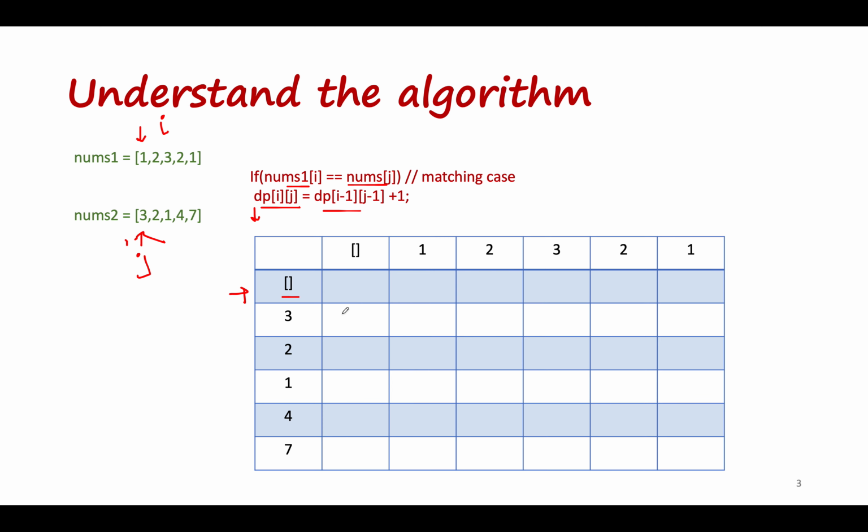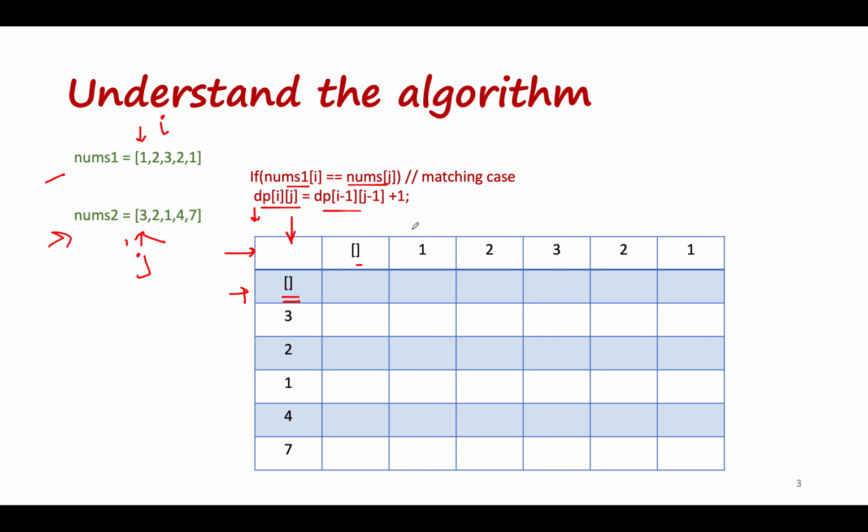Let's start the iteration. As a regular practice, we usually take the dp size to be one higher in both dimensions across nums1 and nums2. That is done in order to avoid unnecessary if conditions in the code, and that also makes a lot of sense because we take care of the empty array cases. So nums2 is represented in the 0th column, and nums1 is represented in the 0th row, and the first element is an empty array.